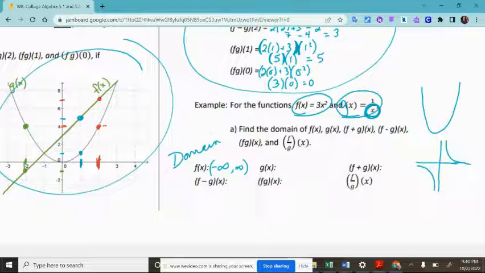When the denominator is 0. So g of x can be anything except 0. So we would just have to specifically state all x such that x is not 0. That's one way to write it. Or we could say negative infinity to 0, 0 to infinity.